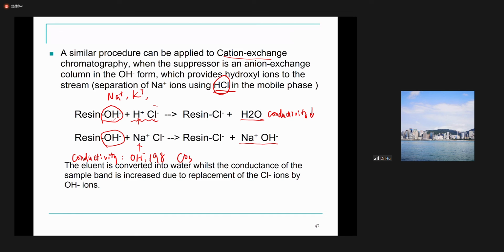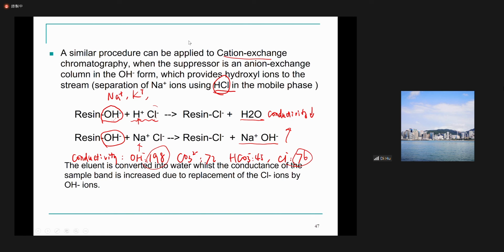So the carbonate, conductivity 72, and then the bicarbonate, conductivity 45, and then for chloride, conductivity 76. So you can see now you replace chloride by hydroxy ion, which is 198. So the conductivity of your analyte greatly increases, and the conductivity of the mobile phase greatly decreases. Then that increases the signal to noise ratio. Okay, so clear? Understand now? No problem. It's good.